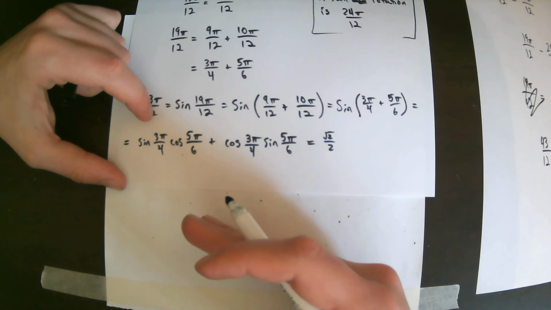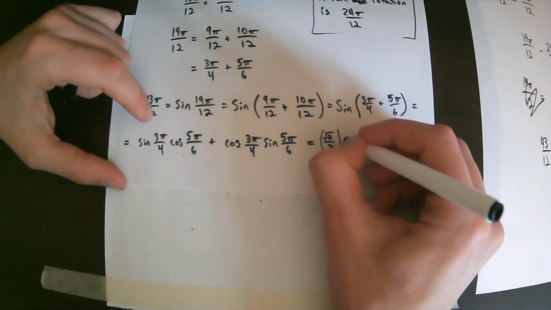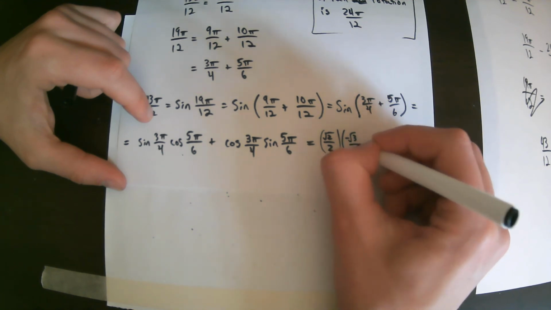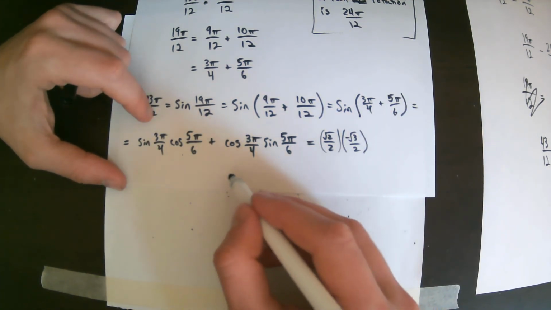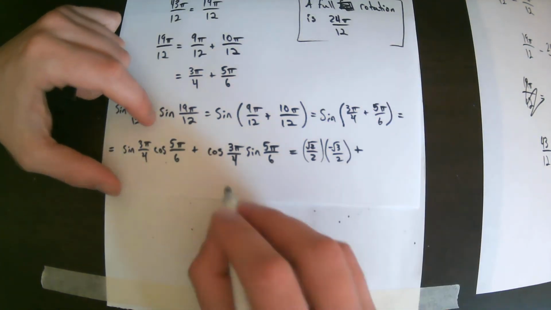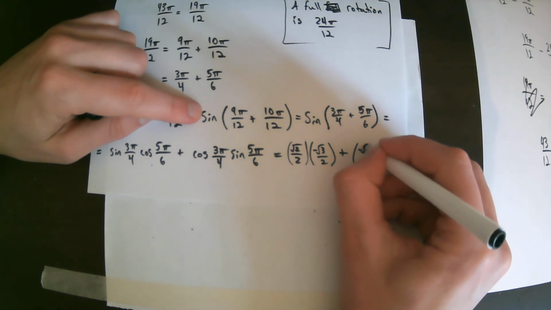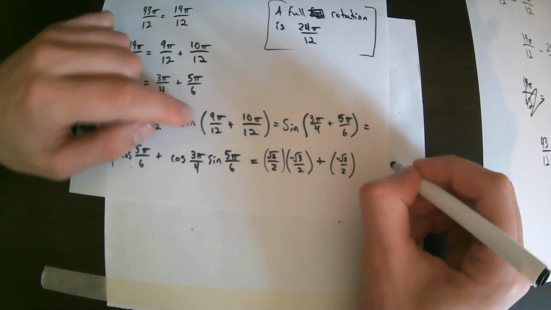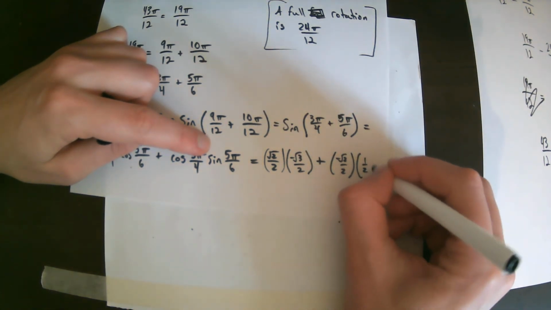Cosine of 5 pi on 6 is, I hope I'm getting these right, negative square root of 3 over 2. Right, let's do tiny triangles. Yeah, and then plus cosine of 3 pi on 4 is negative root 2 over 2. And then sine of 5 pi on 6 is 1 over 2.